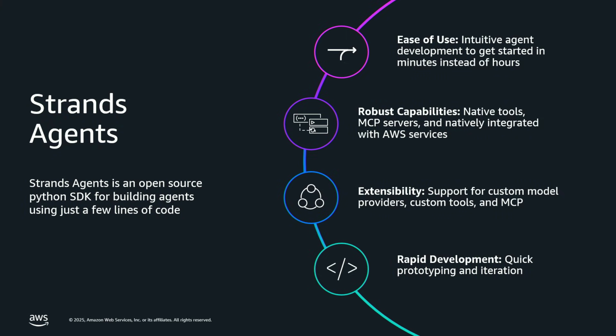It's an open source Python SDK that was designed for ease of use, so you don't have to spend a ton of time just trying to understand how to use the framework. It's supposed to be intuitive so that you can get started quickly for rapid prototyping. It has seamless integration with tools such as MCP servers.